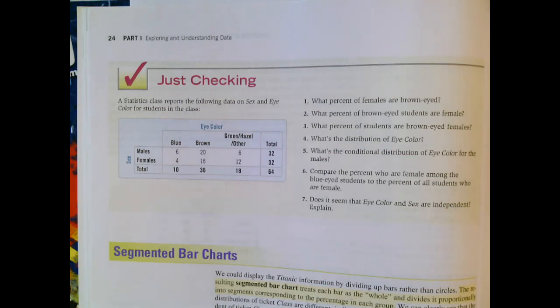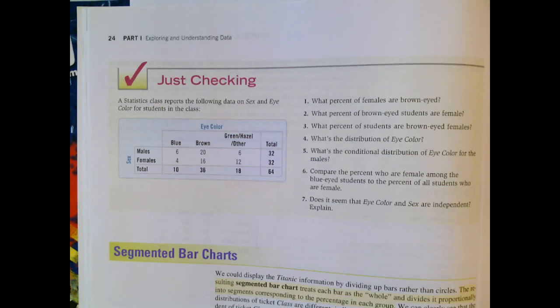And then 36 out of 64 for brown, that's 56.25, so we'll round to 56.3, I guess. And then green, hazel, other is 18 out of 64, 28.125, 28.1, whatever. Okay?